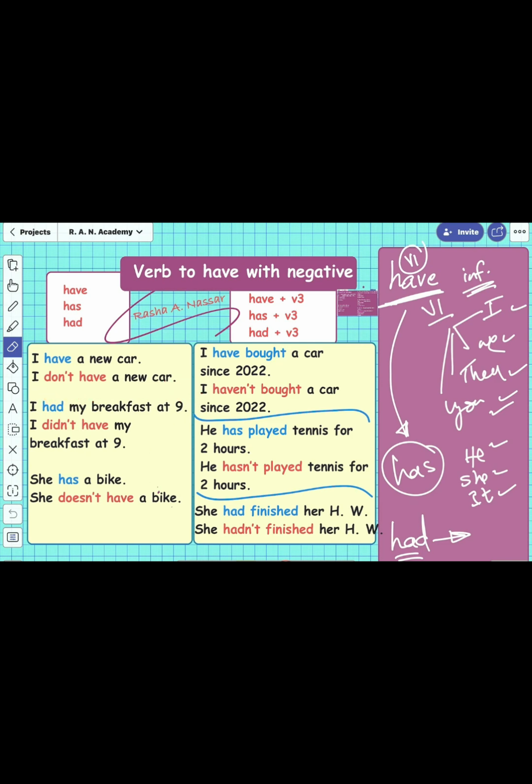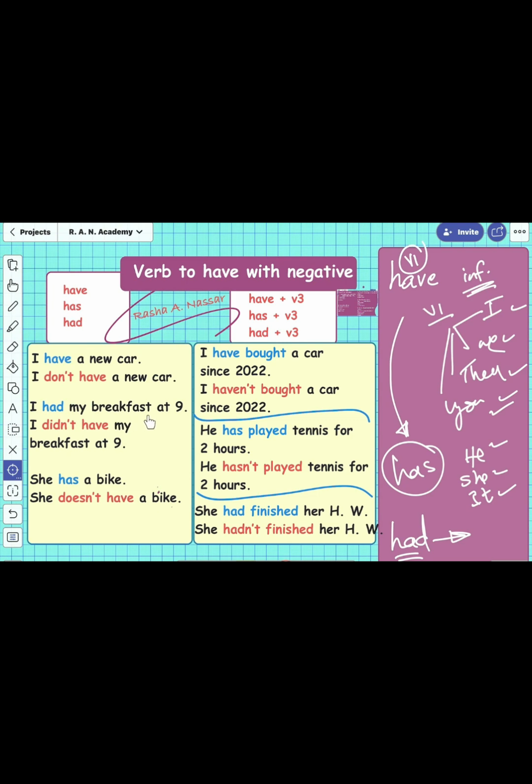What is V1 of the verb to have? V1 of the verb to have is have. So here I have a new car. I don't have a new car. Why do I choose don't have? Because I see have as a main verb, and for have, the negative is don't have. So I don't have a new car.